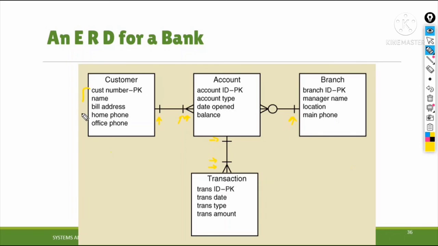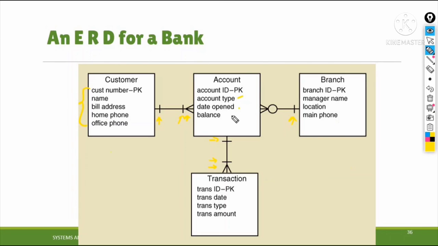And take note also of the attributes for each entity. A customer must have a unique customer number and information such as name, address, and phone number. And each account also has a unique account ID, account number, and each account has a type, or what kind of account it is. Could it be a savings account or another type of account?